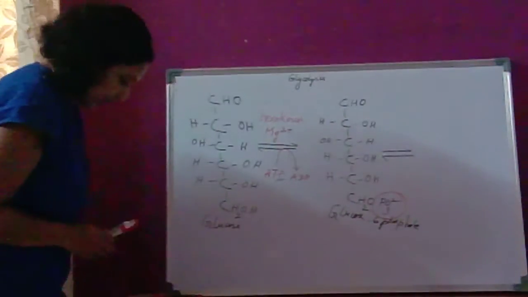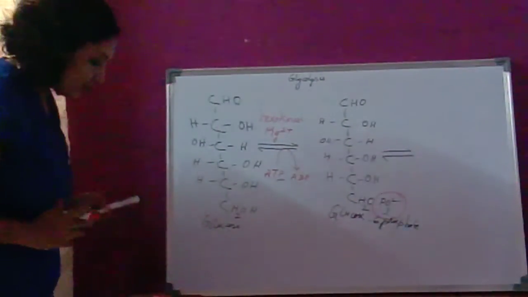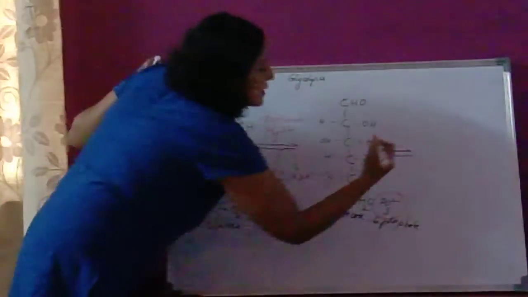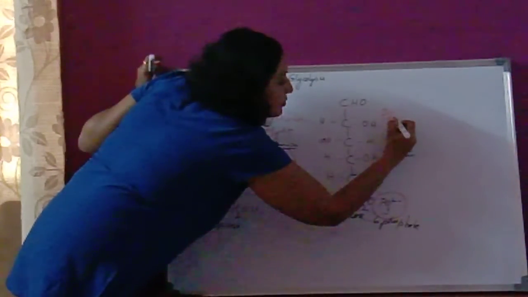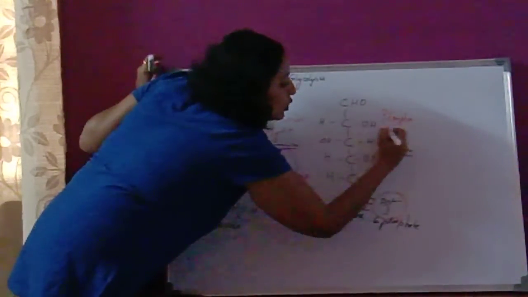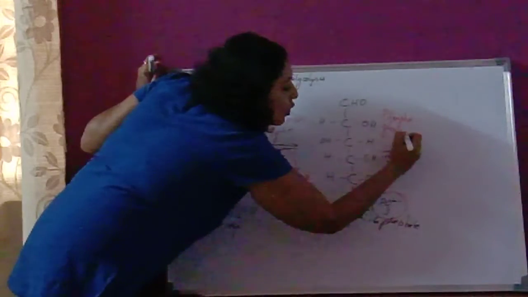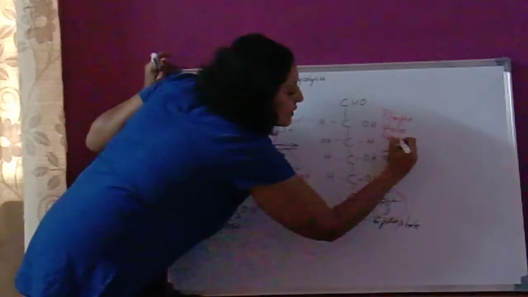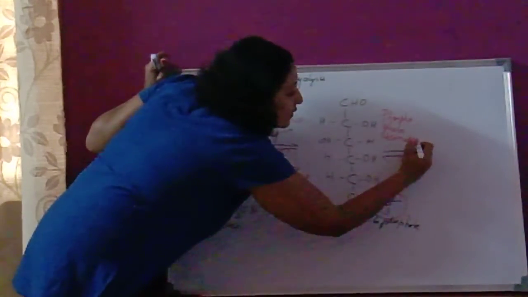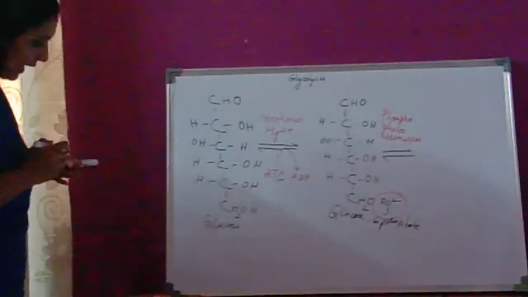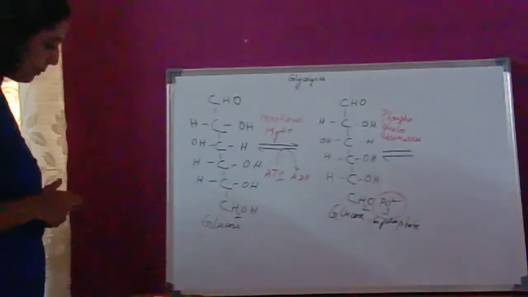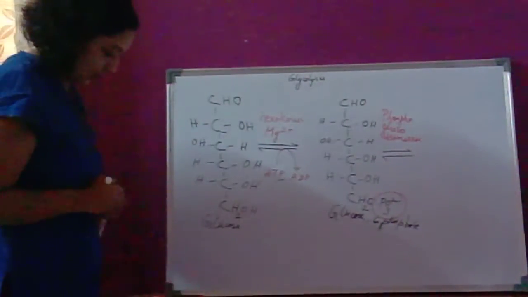Here the enzyme involved is phosphoglucoisomerase. And the compound formed is fructose 6-phosphate.